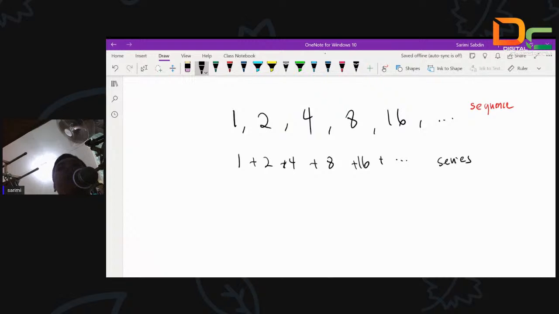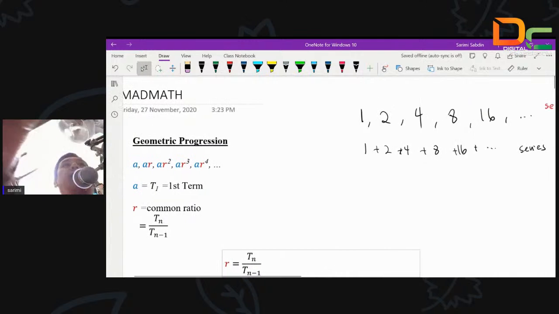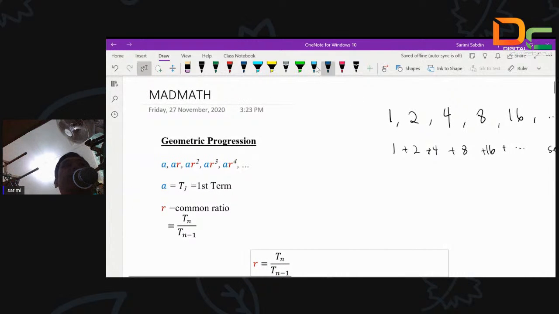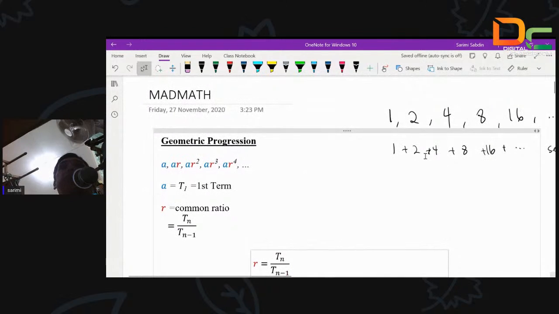Basically, when the sequence is in a comma form, that is a progression or a sequence. But if we have it in an addition form, that is a series.